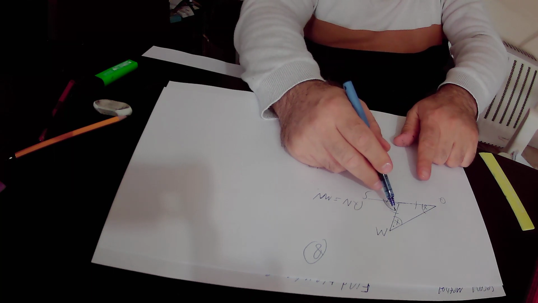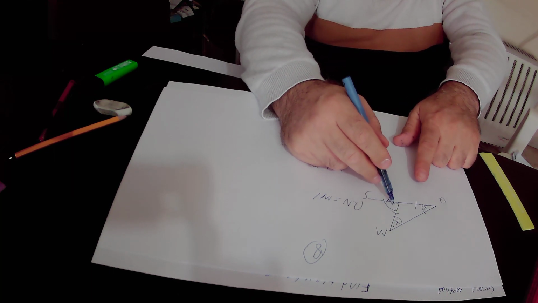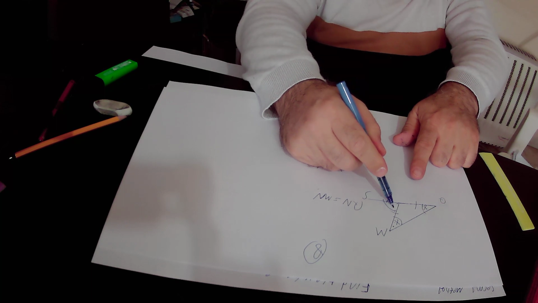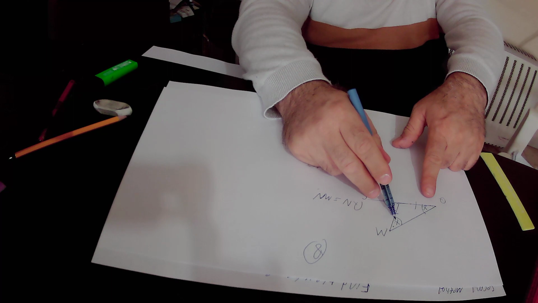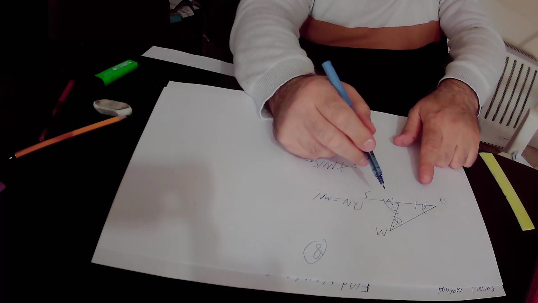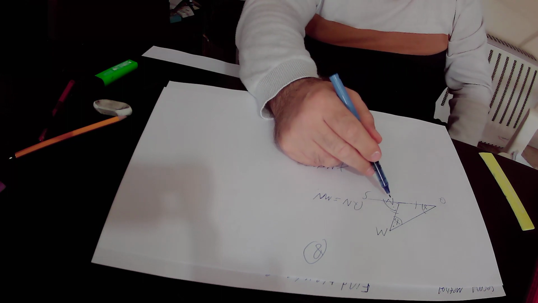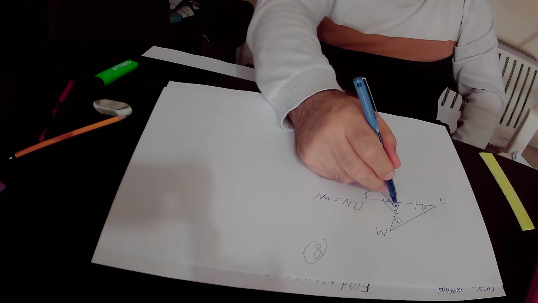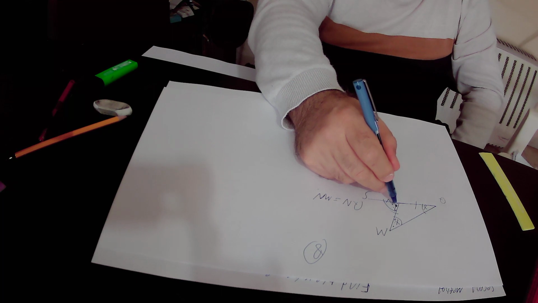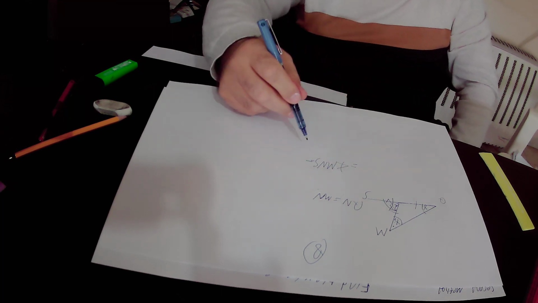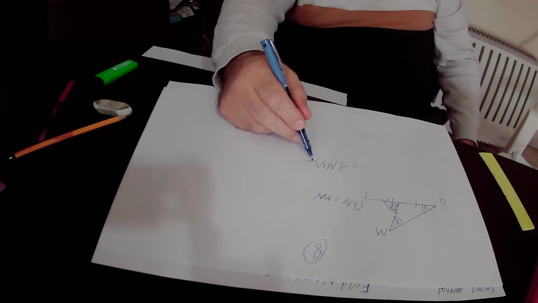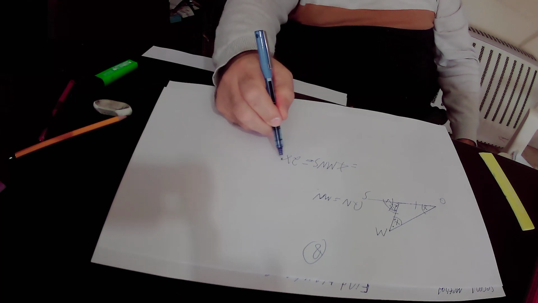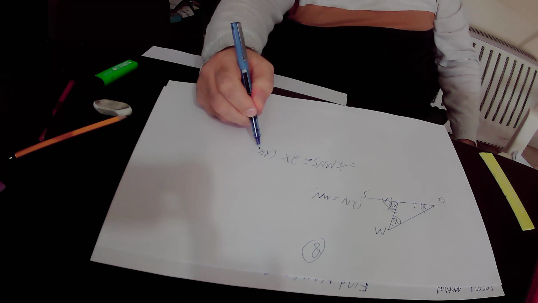And the two angles that are not adjacent to this exterior angle MNS are those two angles, and the sum of those two angles is x plus x. That is to say, the exterior angle MNS will be equal to x plus x, that is to say, it equals 2x. So we found out that angle MNS equals 2x according to rule number 4.